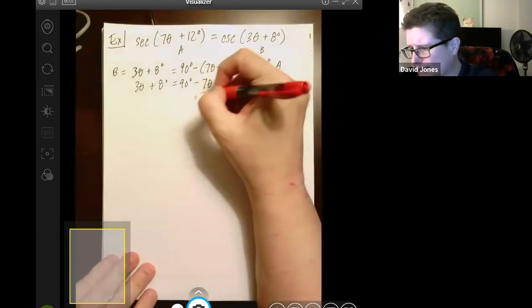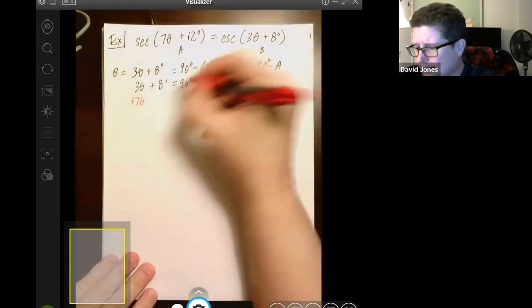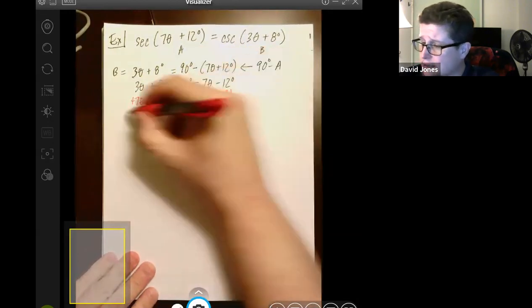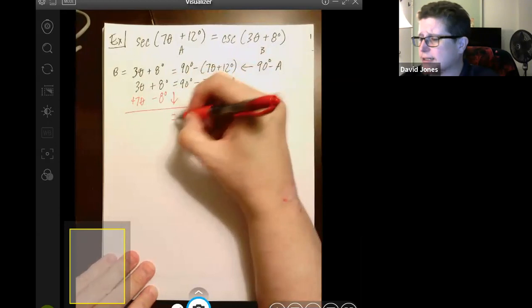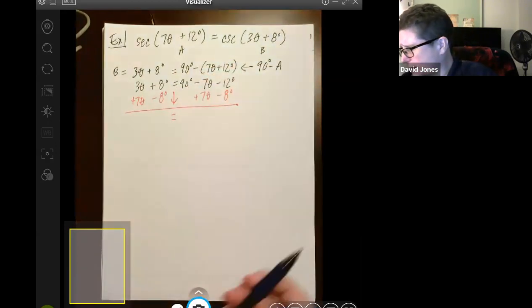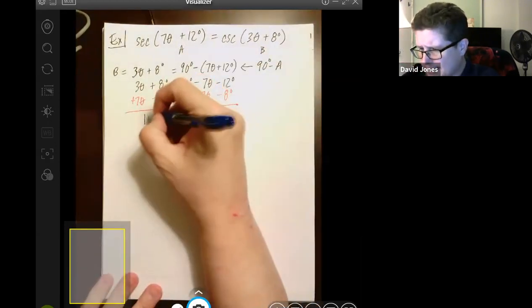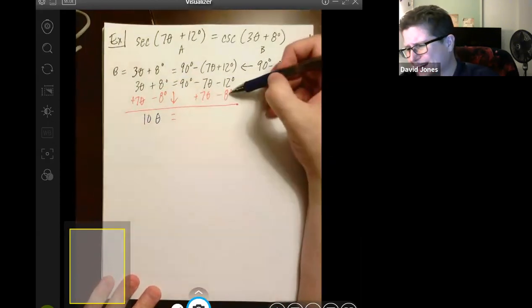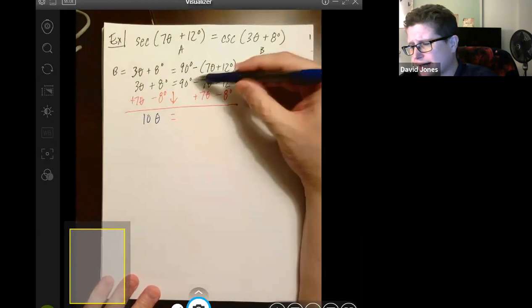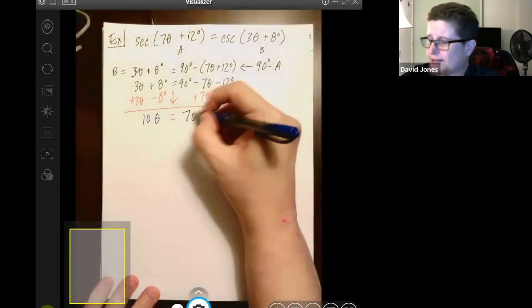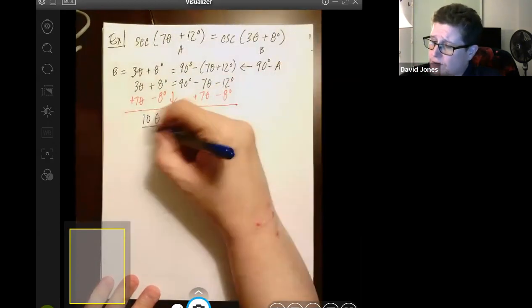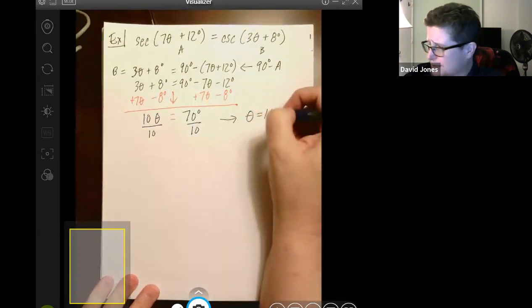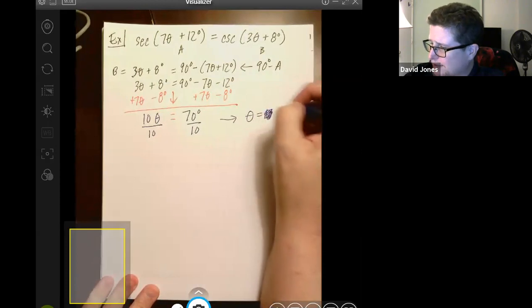I'll add 7 theta to both sides. I'll subtract 8 degrees from both sides. Bring my equal sign down. 3 theta plus 7 theta is 10 theta. And negative 12 and negative 8 is negative 20. 90 degrees minus 20 degrees is 70 degrees. We divide by 10. We find theta equals 7 degrees.